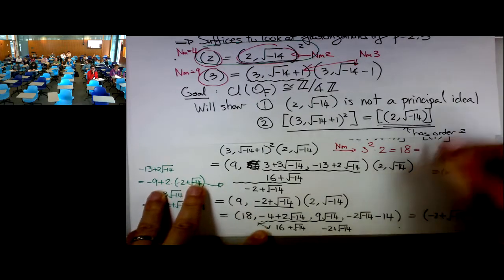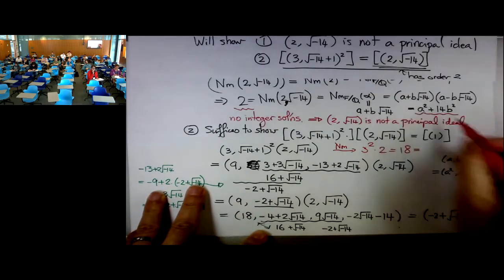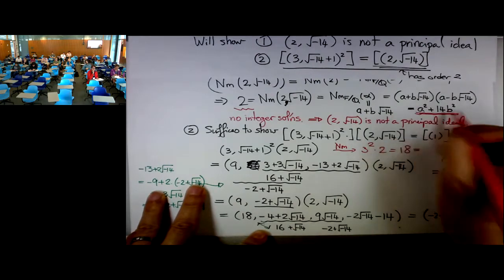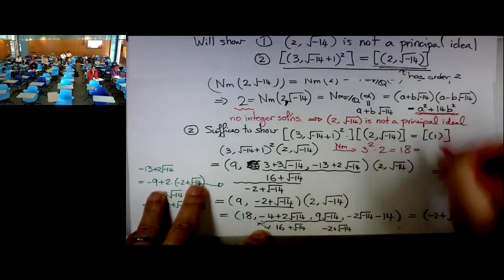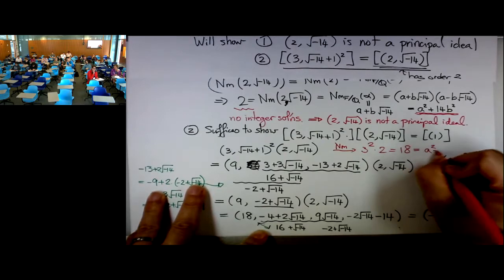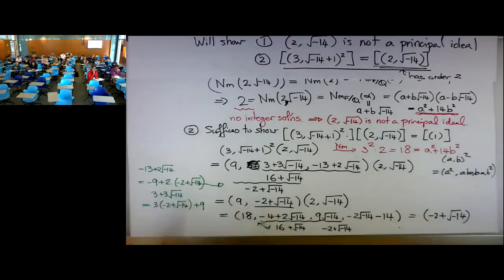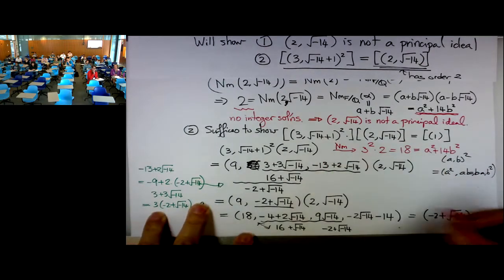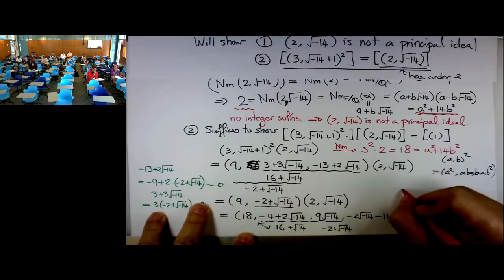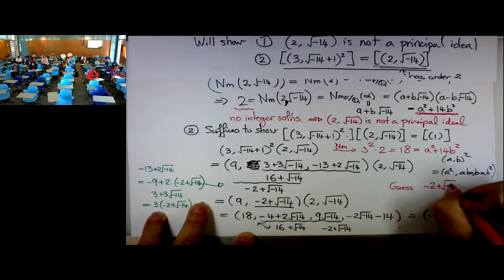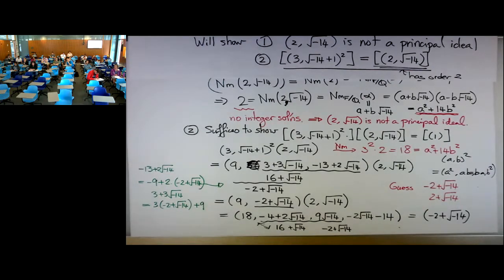The norm of a principal ideal should be a squared plus 14b squared. So you can probably guess ahead of time that the generator would be either negative 4 plus root 14 or 2 plus root 14. Of course, I don't know which one I will be getting, but probably one of the two.